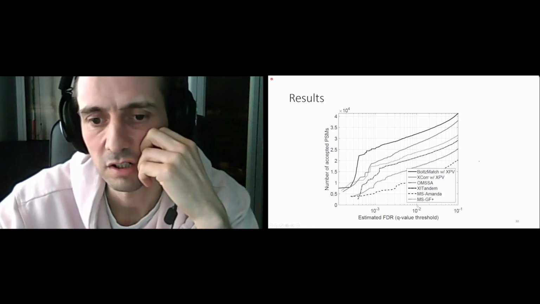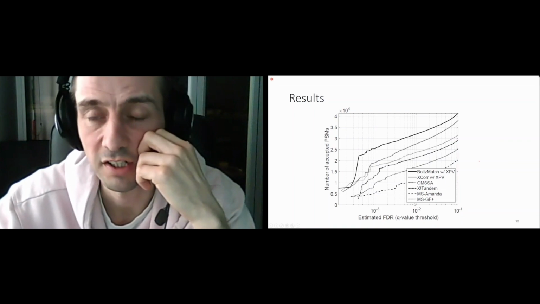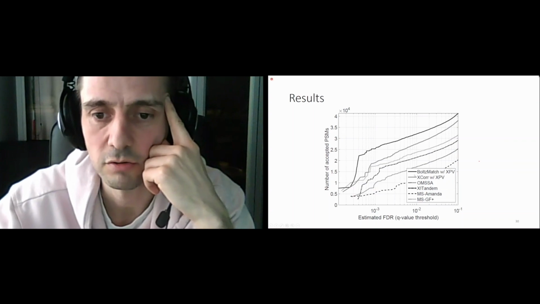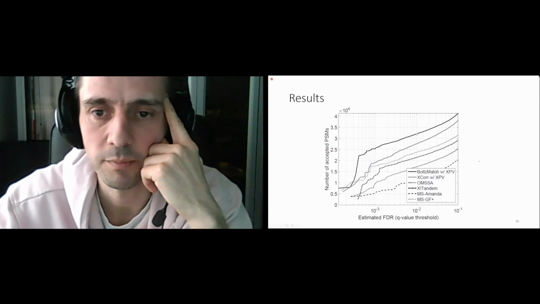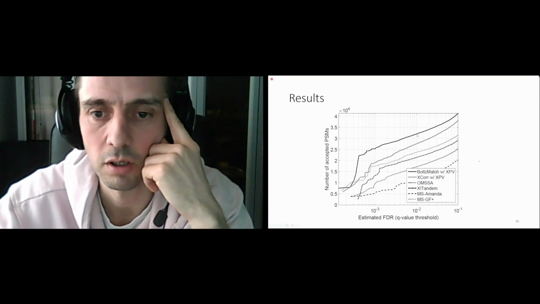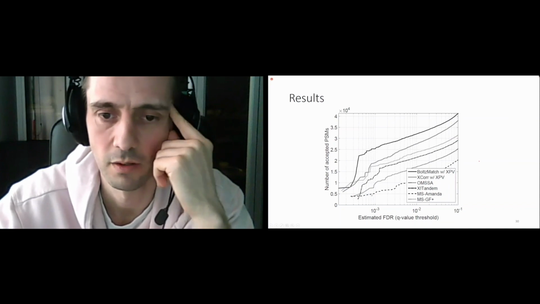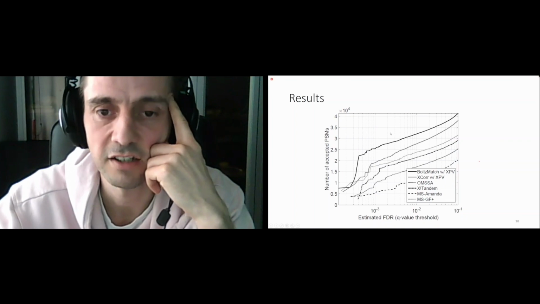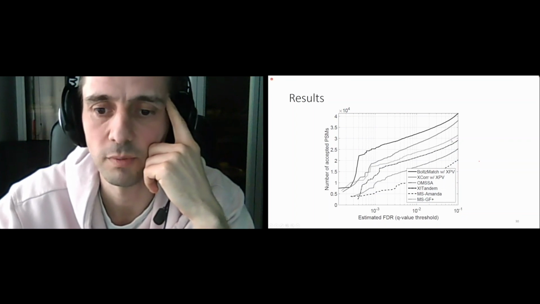And then you can calculate the number of annotated spectra at 1% false discovery rate. You get more peptides. You can get more annotations. Okay? So basically, the higher the curve is, the better its performance.